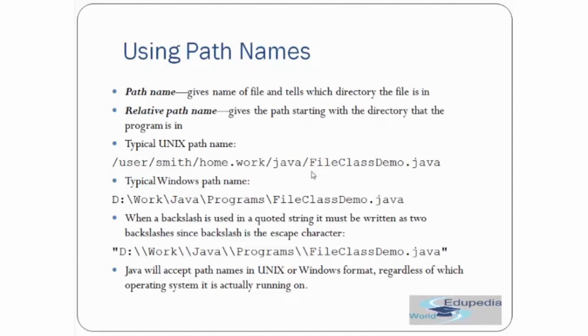Otherwise, you can even give the absolute path, which starts from your My Computer drives. And in Windows, you should always include double slashes because a single slash typically won't work in Windows. Java will accept path names in Unix or Windows format regardless of which operating system is actually running on it. Fine. So this is how Java will accept it.